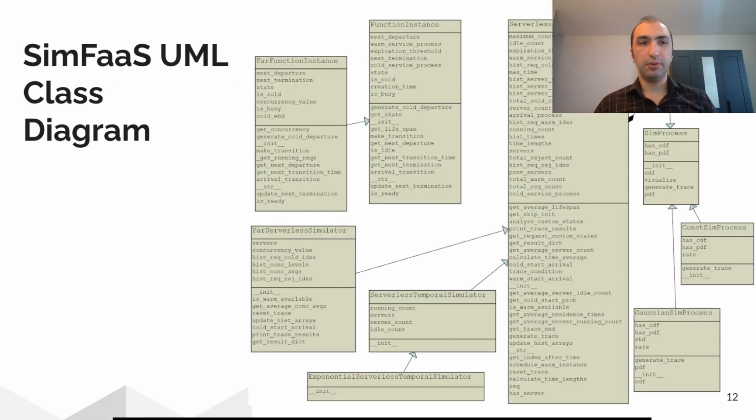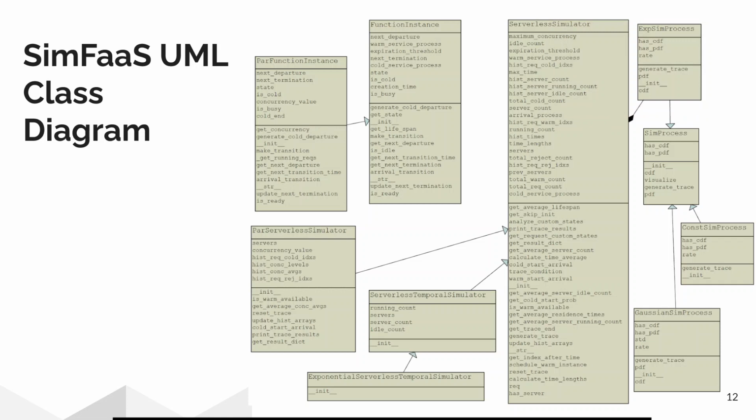This is a typical UML class diagram of our system. And as you can see, we have several classes, but our system has been designed with extensibility and ease of use in mind. It has an object-oriented design, and we use dependency injection to allow design validation of new design ideas.